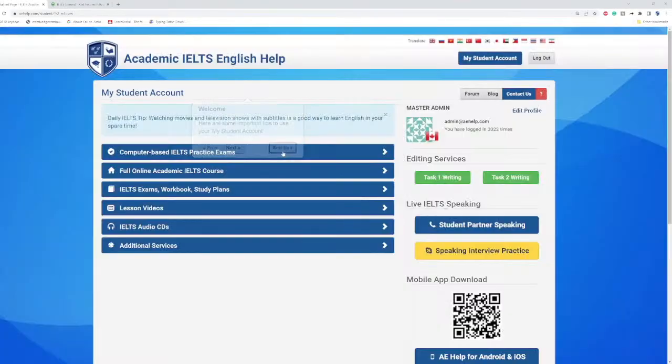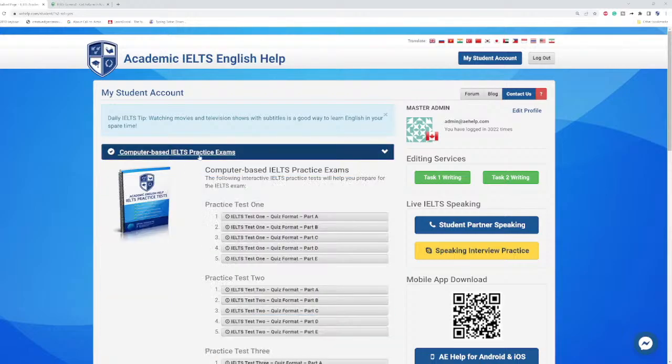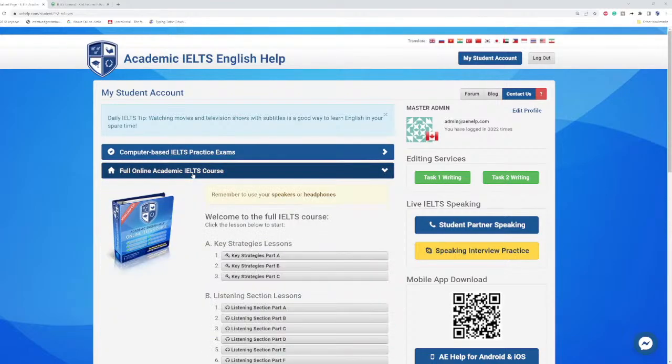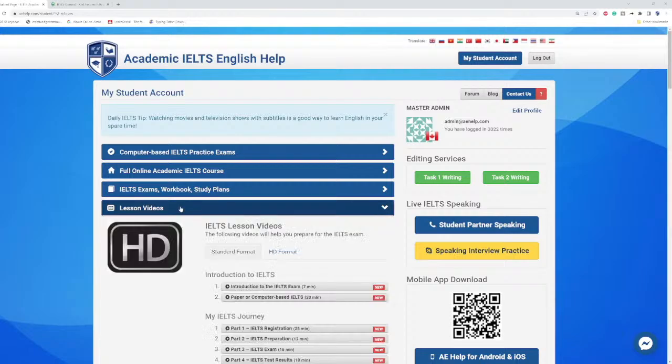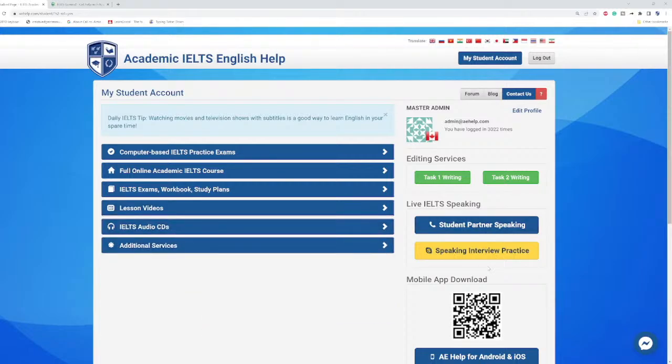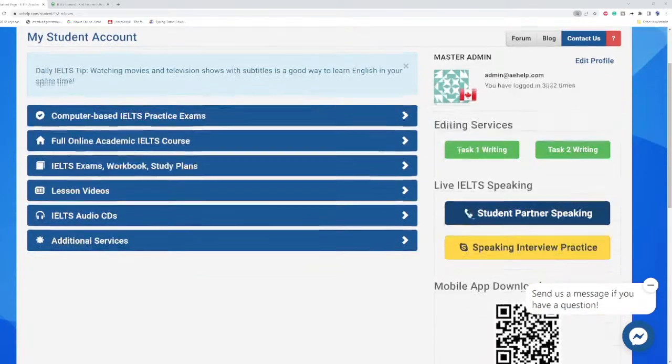When you're in your My Student account, you've got all these goodies like computer-based practice exams, a full course, lots of study plans, lesson videos, audio CDs, and then you've got this button here. It's the student partner speaking button, just above the speaking interview practice button.